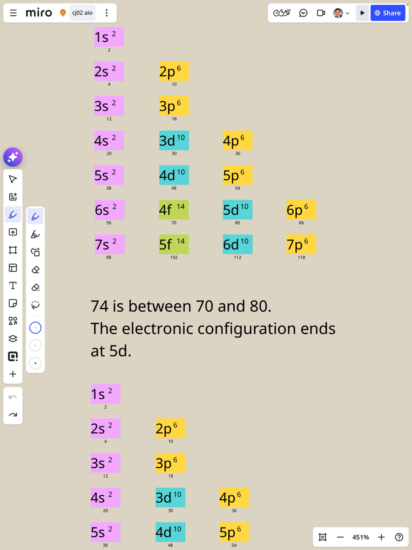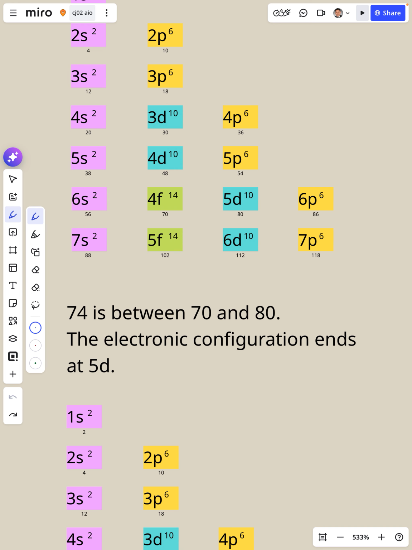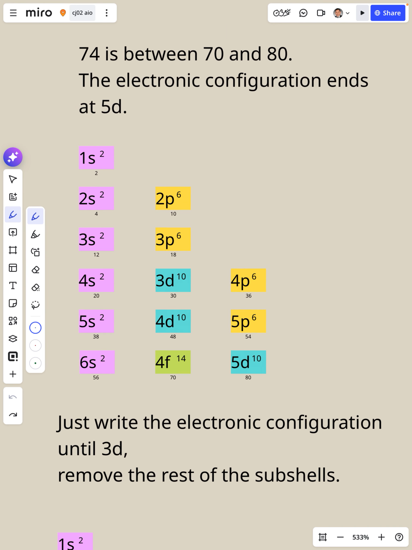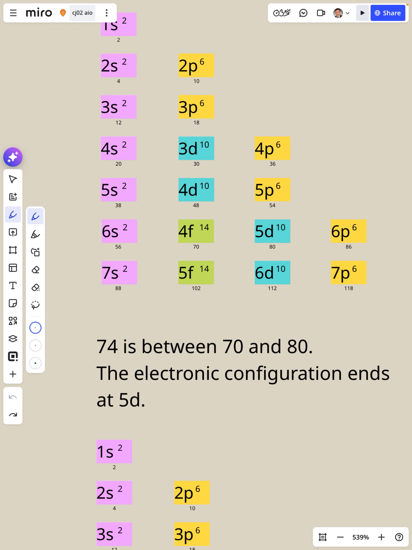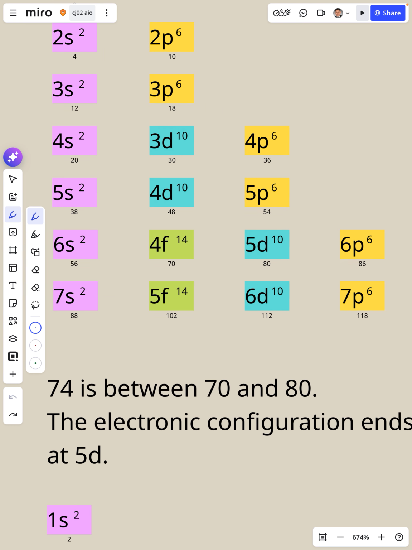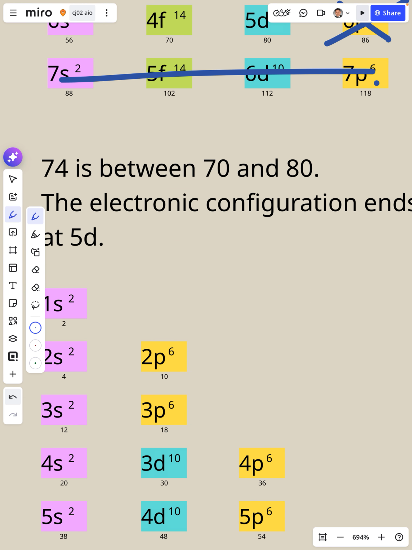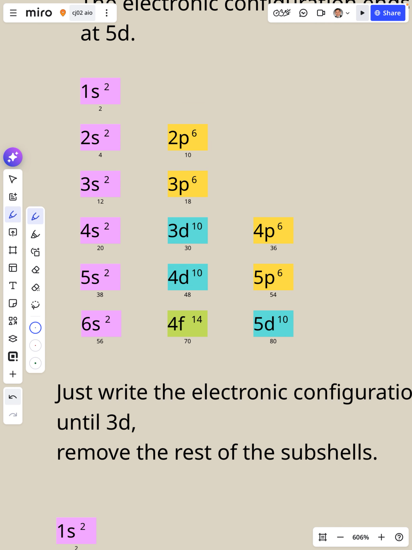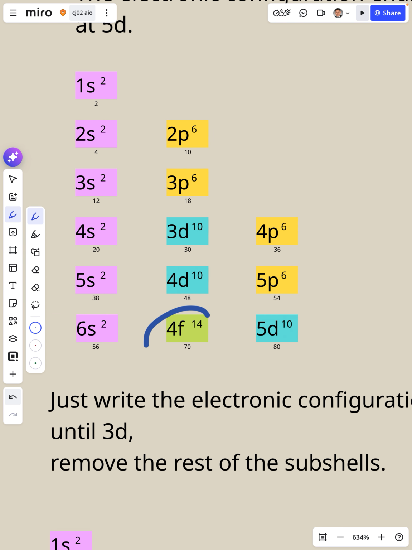So the electronic configuration will end at 5d, but the 4f will be full. What we do is erase the bottom part here, because it's until 5d, so 6p is out. We remove all the other subshells, so it stops at 4f and 5d.